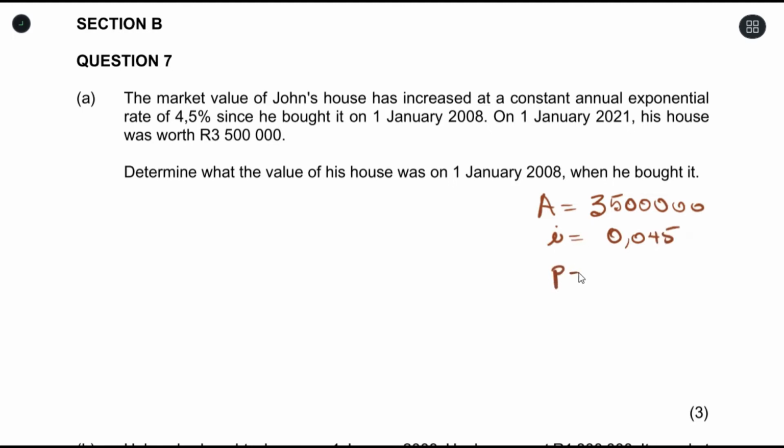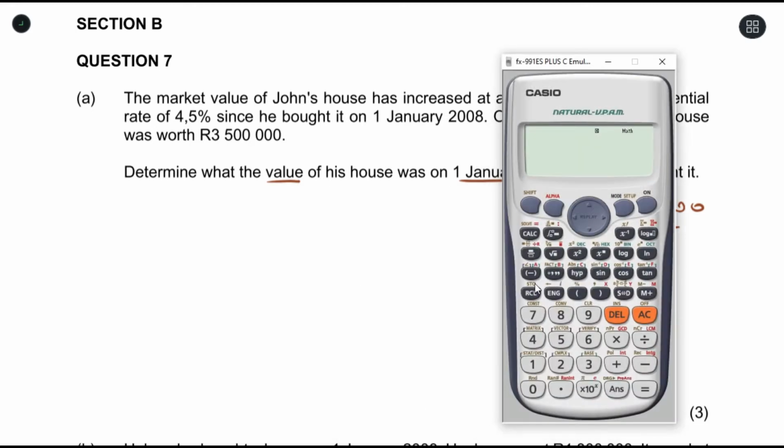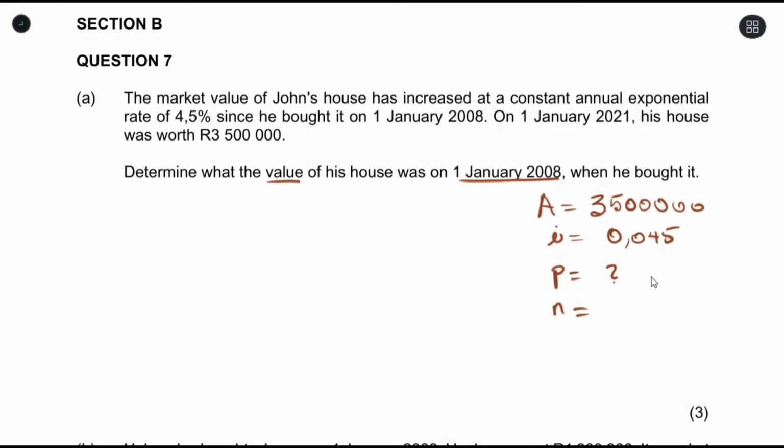Our principal is what we're trying to get, because we're trying to find the value of the house at the beginning. He bought the house in 2008, so that's the beginning of the time the house started to increase in value. Then our n would be 2021 minus 2008, so that makes it 13 years.